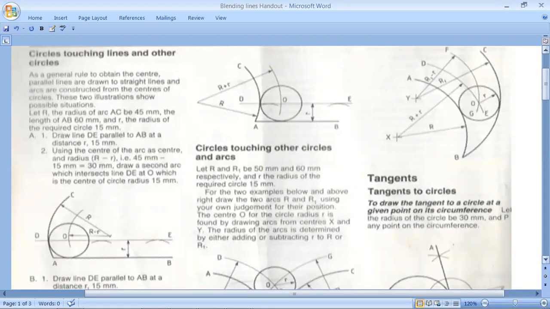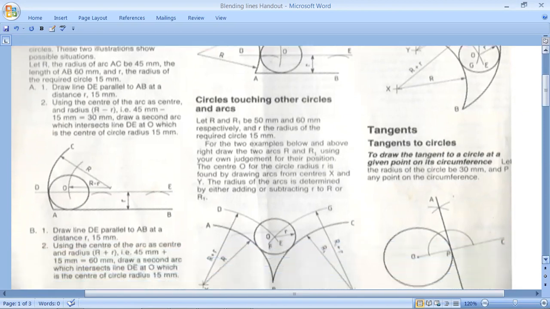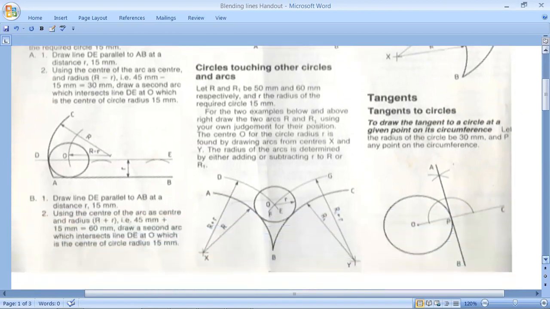Right here, if you have 2 circles, right? You have 2 circles, 1 circle tangent to the other circle. This is circle 1, this is circle 2, right? And you want to place another circle tangent to the 2 circles, right?